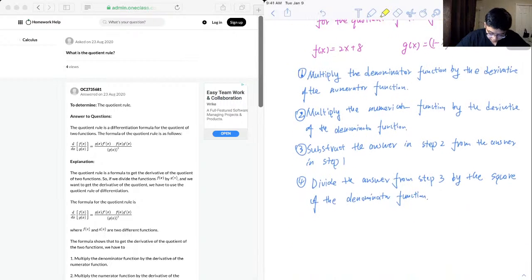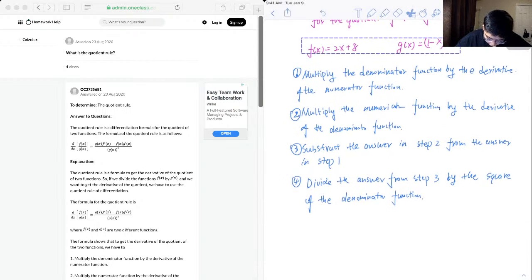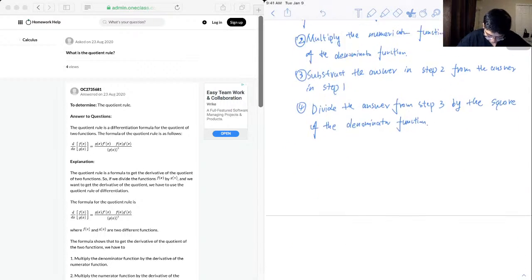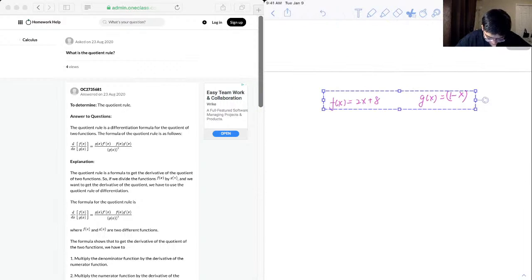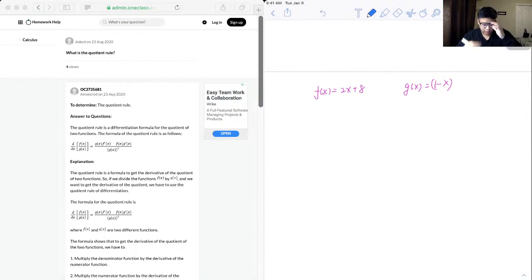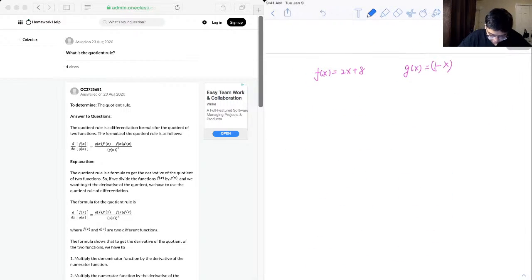So now let's copy down the f(x) and g(x). We have our f(x) equal to 2x plus 8 and g(x) equal to 1 minus x. For step 1, following what we have above, we need to multiply the function in the denominator by the derivative of the function in the numerator.